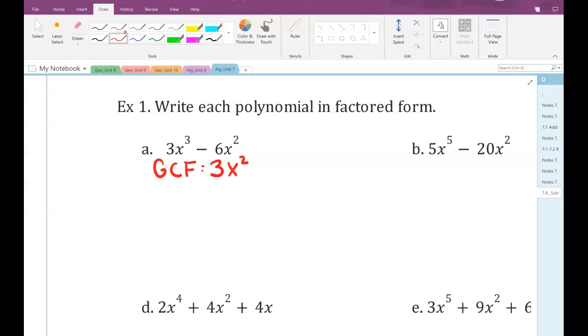Your second step will be to divide by your GCF. So I'd write out your original, 3x cubed minus 6x squared. Just rewriting this. And then we're dividing each term by your GCF.